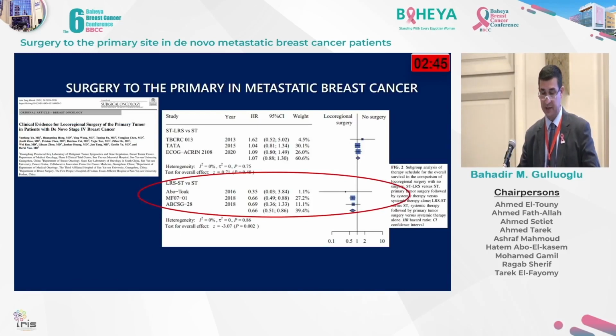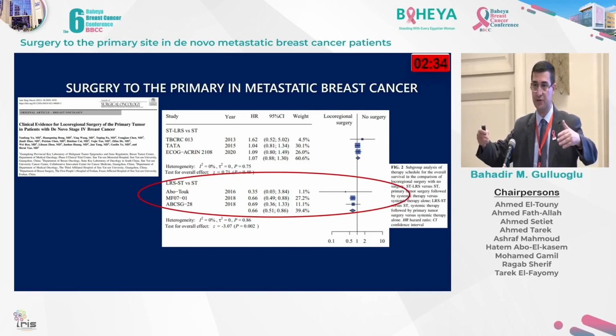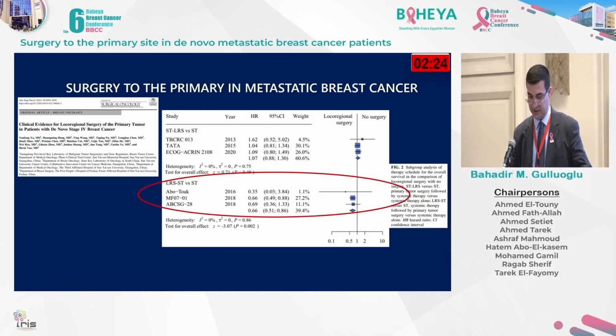meta-analysis, when you look at it, including this Egyptian study as well, as you can see, only those 3 studies randomized their patients into surgery and no surgery at the beginning. They found, as a meta-analysis, a survival advantage when you do surgery at the beginning in comparison to systemic treatment.